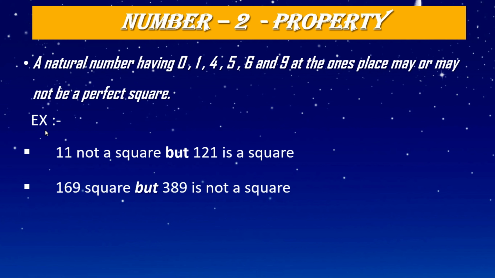Let's take some examples. 11 is not a perfect square, but 121 is a perfect square. 169 is a square, but 389 is not a perfect square.